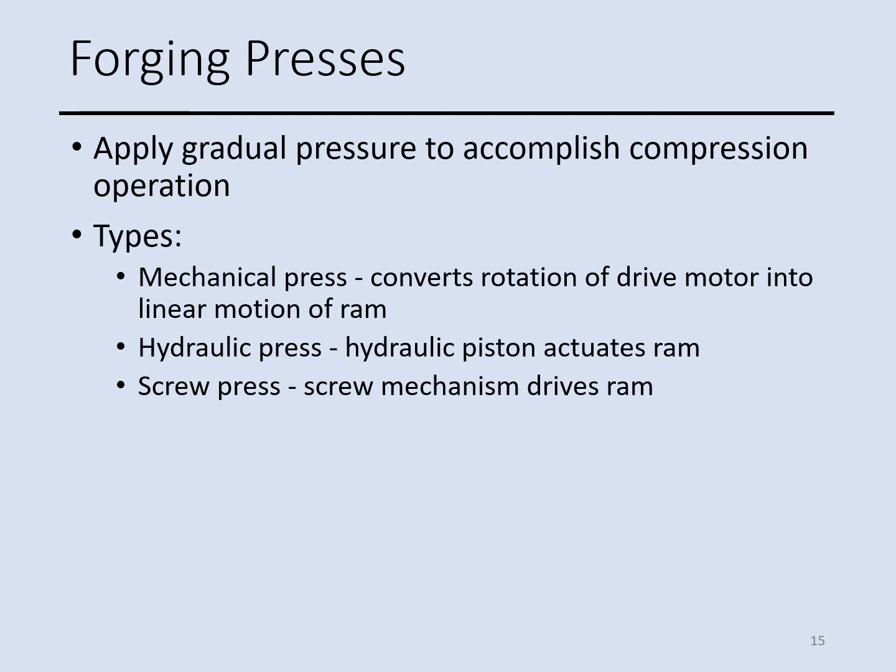They can be a mechanical press, which converts a rotation of a drive motor into the linear motion of the ram. The next one is hydraulic press, where we have a hydraulic piston that actuates the ram. The last one is a screw press. We have a screw mechanism that drives the ram.